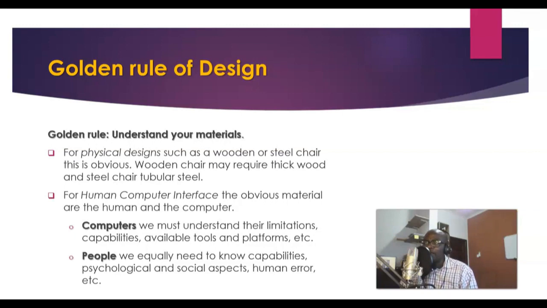For instance, if you're looking at people who are into designing furniture, one needs to understand his materials. Is it pine wood that I need to use? Is it rosewood? What are the advantages or the costs of using this material against the other type of material? Or if it is a steel chair you want to make, what kind of steel are you going to use?